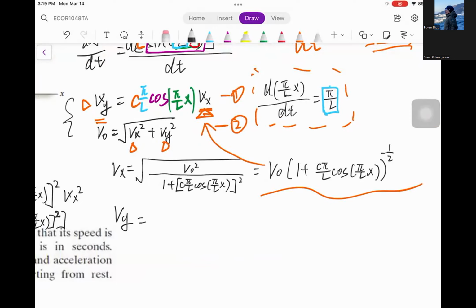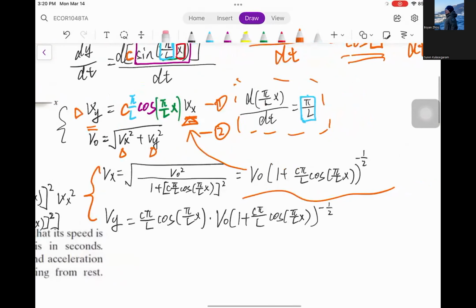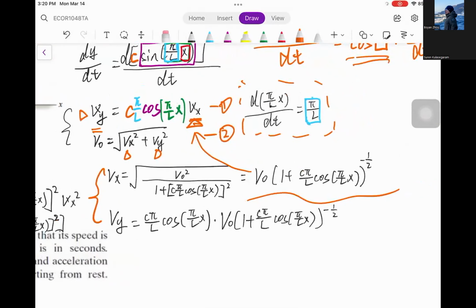That is c pi over L cosine pi over L x, and everything on the right-hand side times v naught times 1 plus c pi over L cosine pi over L times x, to the power of negative 1 over 2. So that is Vx and Vy.